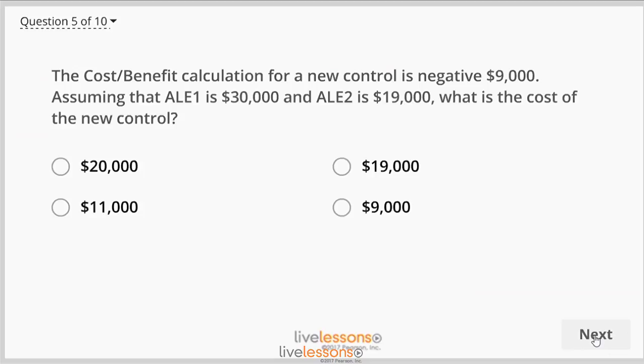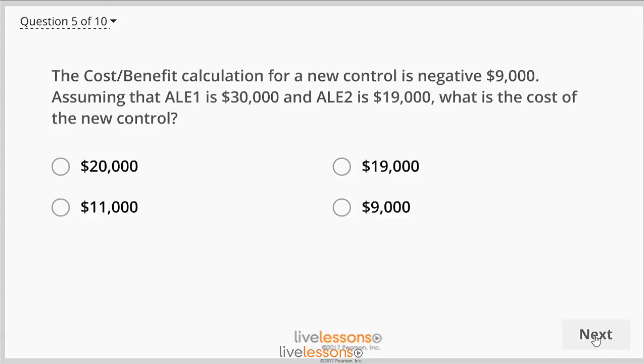Well, if you're writing this down, remember that when we're doing our cost-benefit, it's ALE1 minus ALE2, so the difference between ALE1 and ALE2, minus the cost of the new control is going to give us our cost-benefit. So what are we missing? Well, we have ALE1 and ALE2, which would be $30,000 minus $19,000 is $11,000.